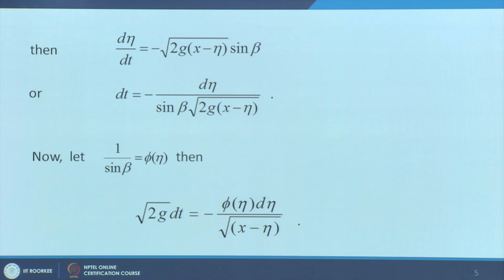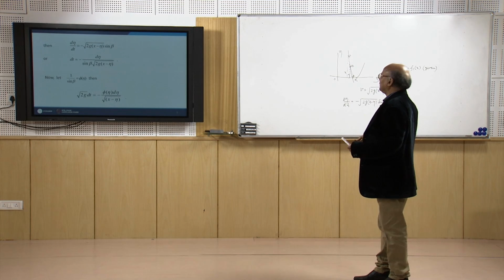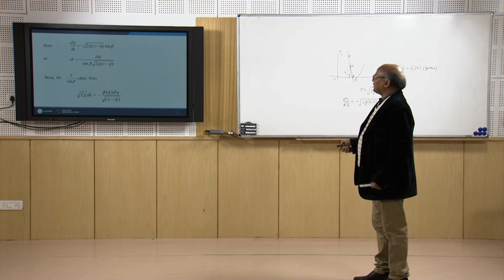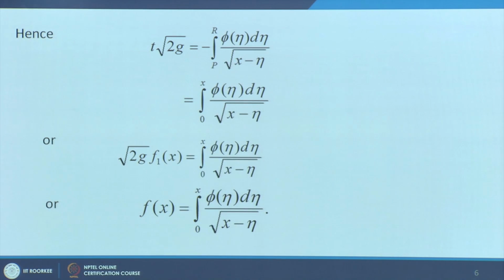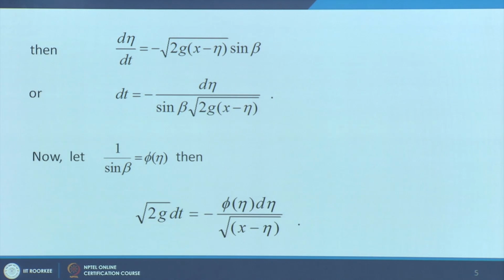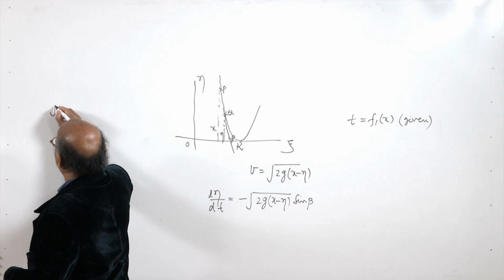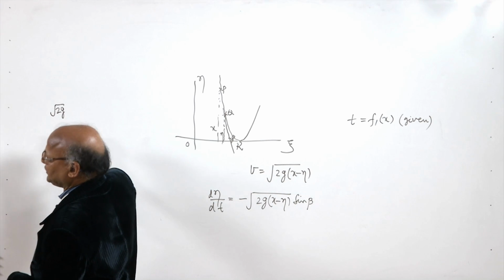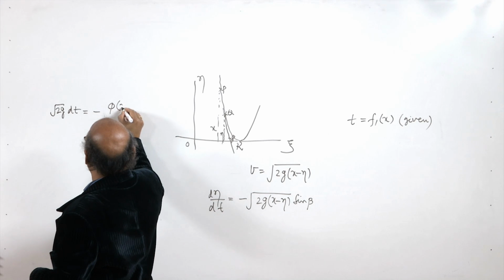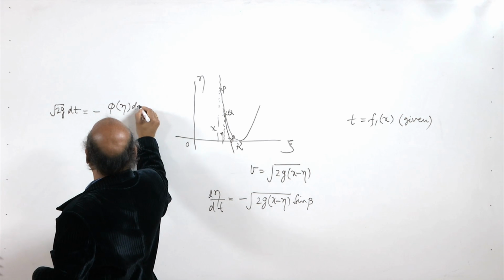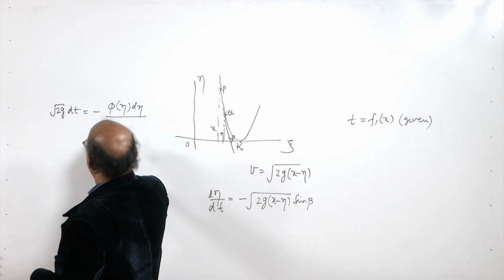Now, let us assume that 1 over sin beta is equal to phi(eta). Then we can write under root 2g dt equal to minus phi(eta) d eta over under root (x minus eta), and integrating this equation, we have under root 2g dt equal to minus phi(eta) d eta divided by under root (x minus eta).